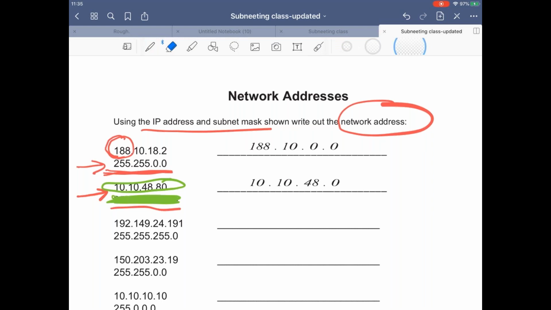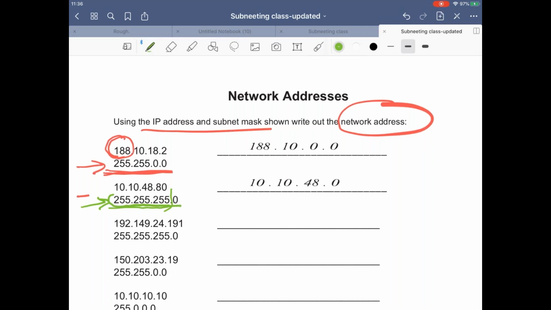But if I have the subnet mask given in the question, then definitely I have to compare with the subnet mask, because the subnet mask shows you the network portion and the host portion. Are you getting my point?